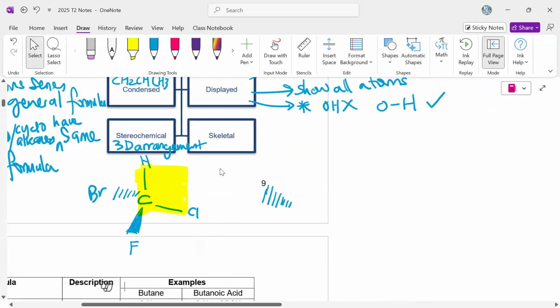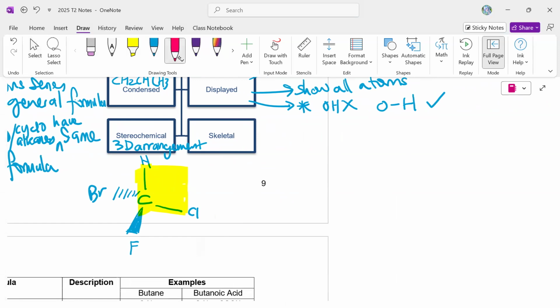Skeletal formula is the drawing representing the carbon and hydrogen in the form of sticks. So for example, a skeletal formula may look like this. How do we interpret a skeletal formula? Basically, all the carbon and the hydrogen bonded to the carbon are not shown.